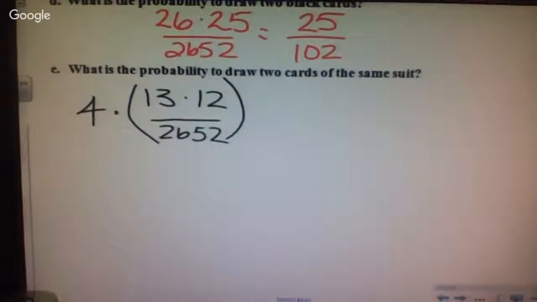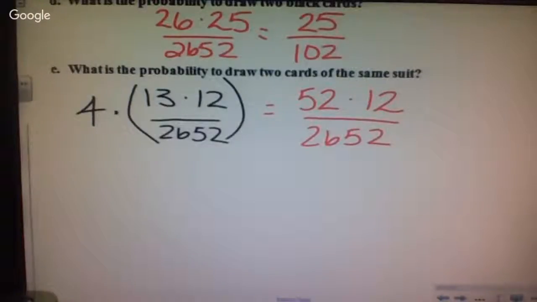So now, see, I would have done it this way. This is the same thing as 2652. So I would have taken it as I can pick any card that I want to start with. So I actually start with 52 options. Once you pick a suit, then you only have 12. These are the same thing. It all depends on how your head wraps around it.